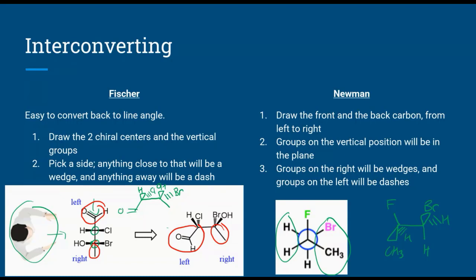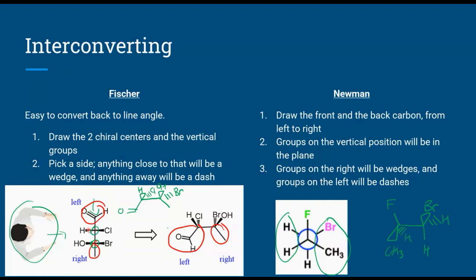Okay, so Alan asks, why did the Cl and Br change from wedges to dashes? Oh, okay. So what this diagram here is showing is that all groups, on this side, the side groups are considered wedges, right? But this is from like a bird's eye view.